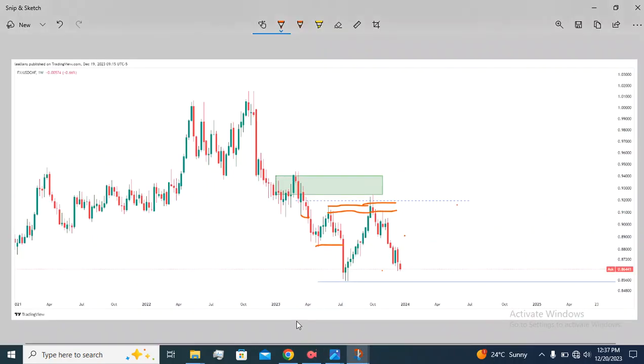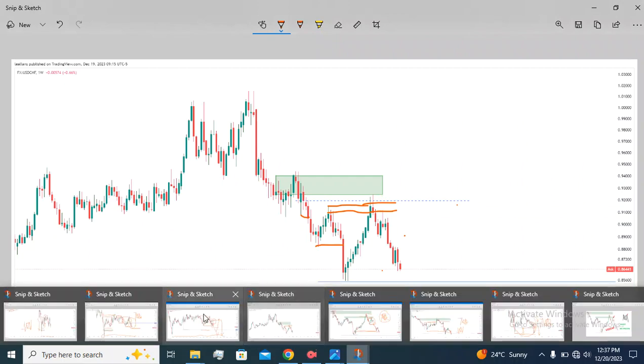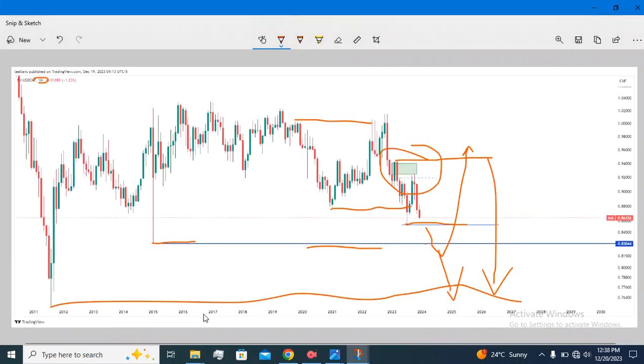Yeah, so this is USDCHF, US dollar, Swiss franc. USDCHF moves in the same direction as DXY. They are positively correlated.